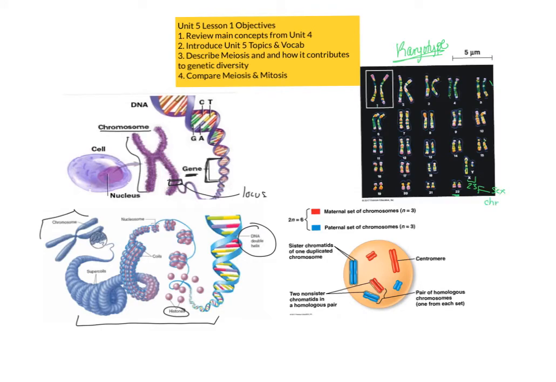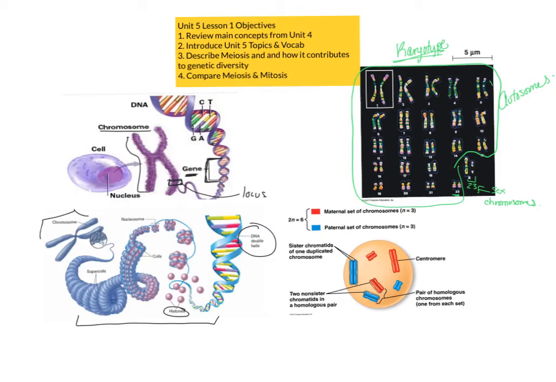This is showing the sex chromosomes of a biological male, biological female being XX. And we also distinguish between sex chromosomes and the other 22 pairs. We call the first 22 pairs of chromosomes autosomes. So that's just a non-sex chromosome, whereas the X and the Y chromosomes are sex chromosomes. Okay.